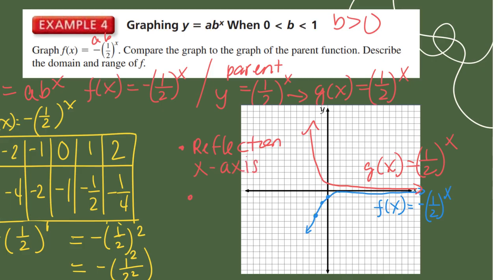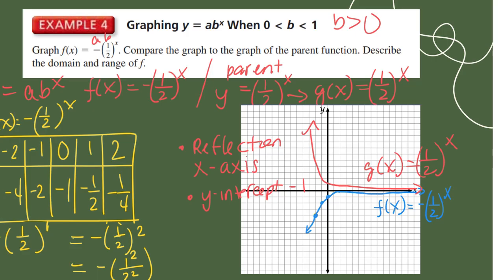We can also tell that the y-intercept is -1 based on my new equation, right? My new function, which is -1. And because now this is who? Below. Remember, our parent is above and the new function is below.